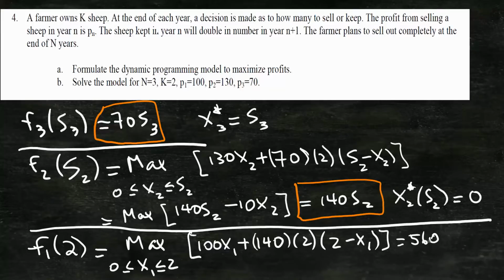And the optimum, again, is for x1 star to be 0. Don't sell any. So what this is telling me is don't sell any in the first year, don't sell any in the second year, wait until the third year. Your 2 sheep will become 4 sheep in the second year, will become 8 sheep in the third year, and 8 times 70 is 560, and that's the best that you can do.